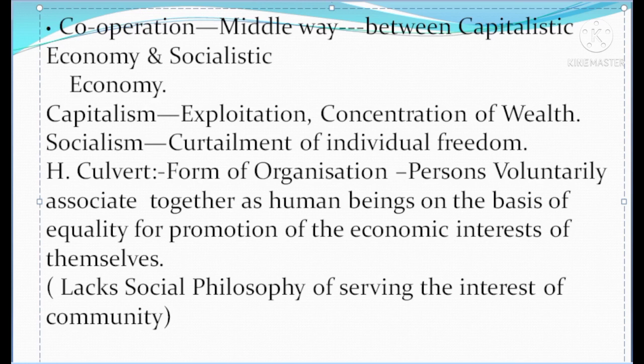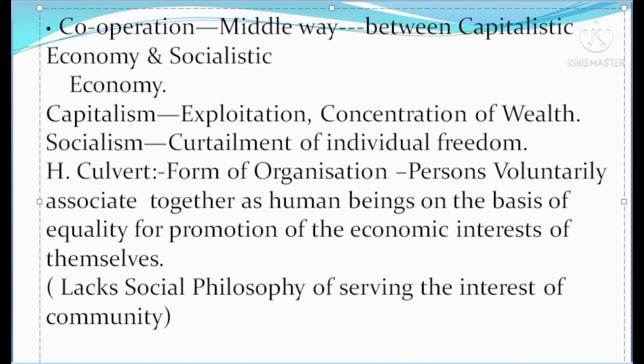One definition of cooperation is given by a renowned scholar, H. Calvert. He says that cooperation is a form of organization in which persons voluntarily associate together as human beings on the basis of equality for the promotion of economic interests of themselves.